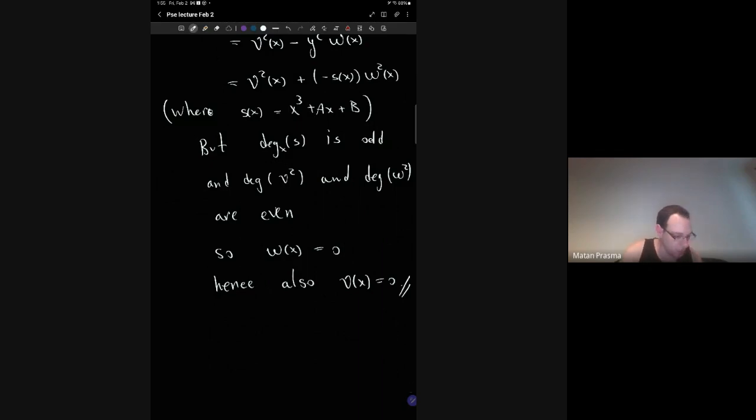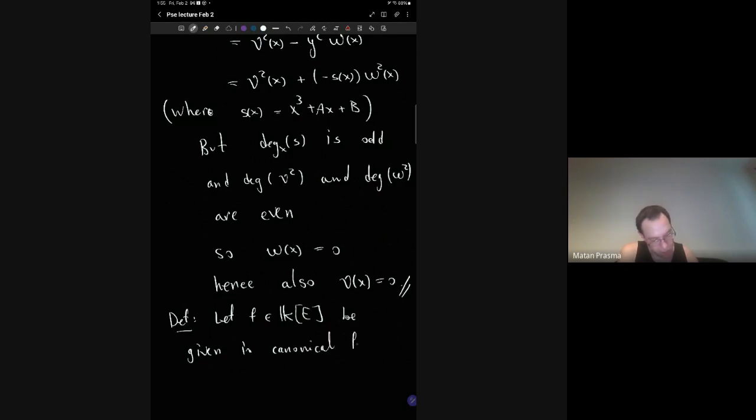Okay, and since we used this conjugate, let me just make it a definition. Let f in K of E be given in canonical form as f(x,y) equals v(x) plus y w(x).